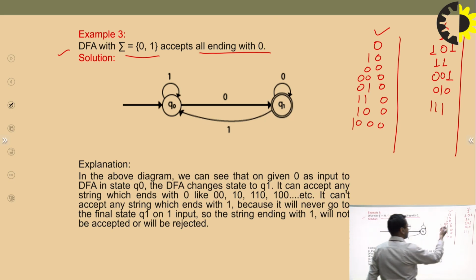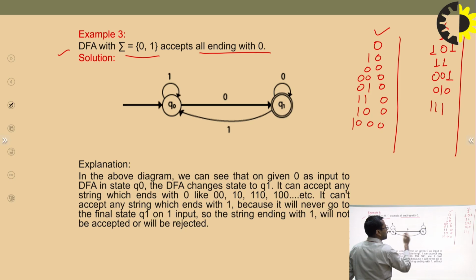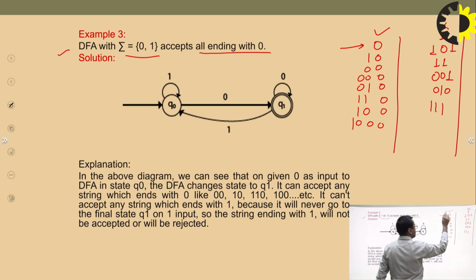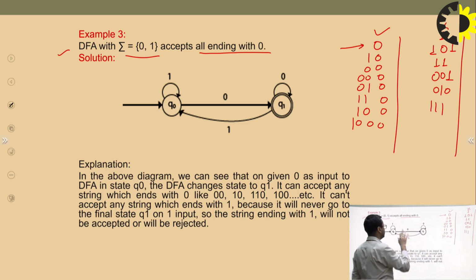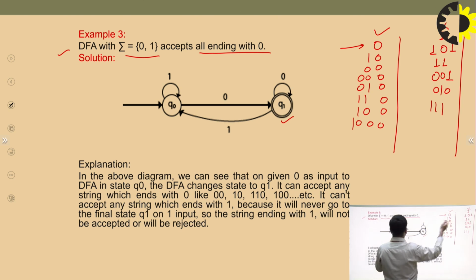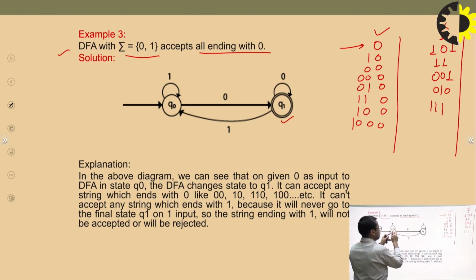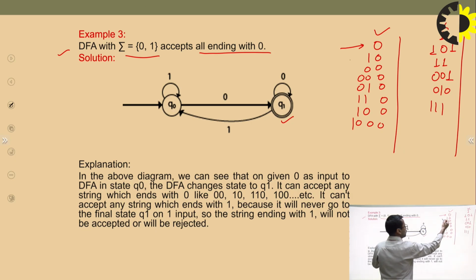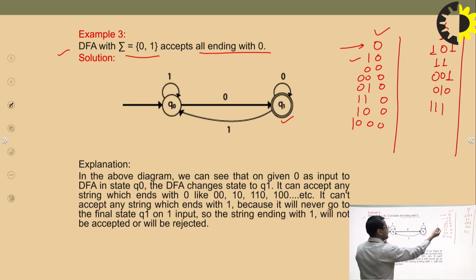So we check whether these strings pass in this particular DFA or not. When we apply 0, it passes and reaches the final state Q1. For 1 0, the 1 is a self loop and 0 passes. For 0 0 and 0 0 0 it passes, with a self loop.